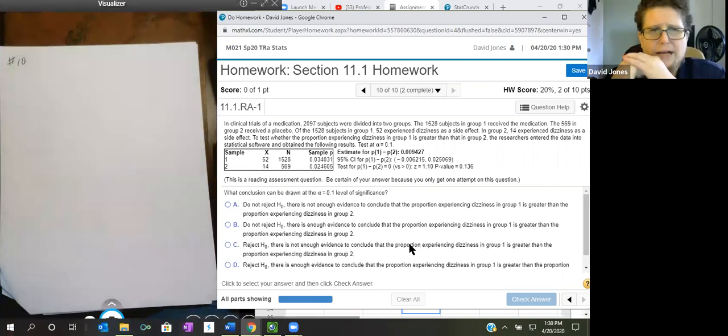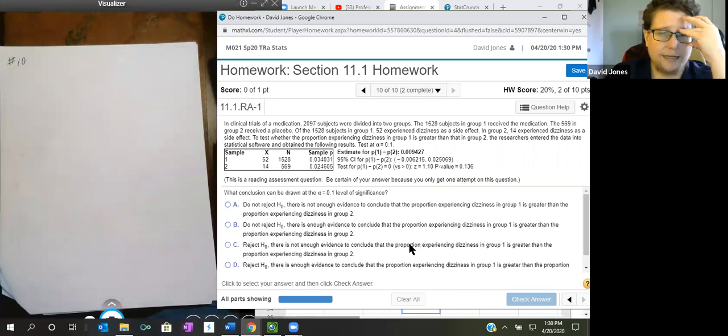In clinical trials of a medication, 2,097 subjects were divided into two groups. The 1,528 subjects in group 1 received the medication. The 569 in group 2 received a placebo. Of the 1,528 subjects in group 1, 52 experienced dizziness as a side effect.